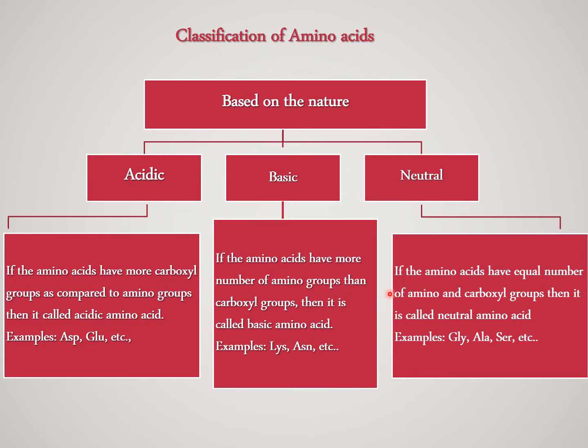Now when we go towards the neutral amino acid, it is noticed that if there are equal numbers of amino and carboxylic acid groups in the formula, then it is called a neutral amino acid. Examples: glycine, alanine, serine, etc. So this is how you are going to classify the amino acids based on their nature.